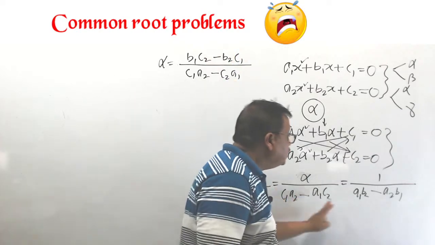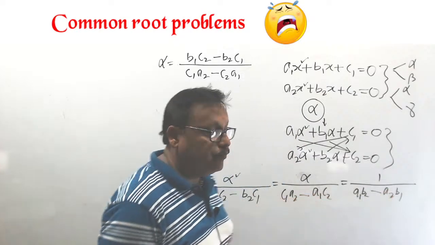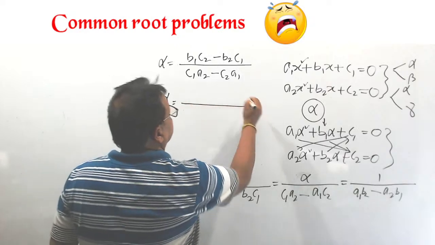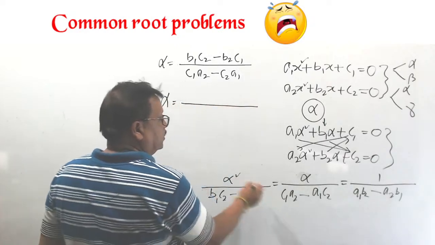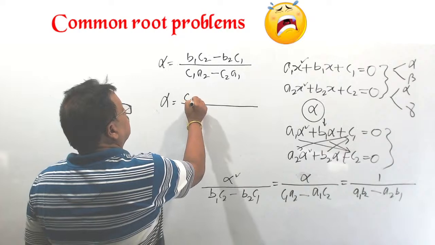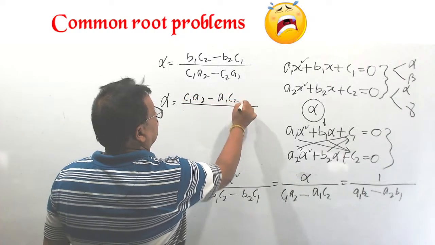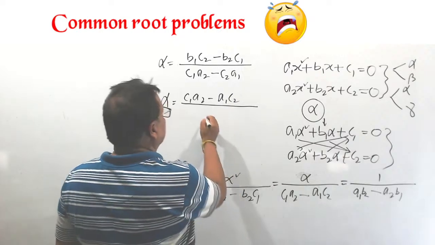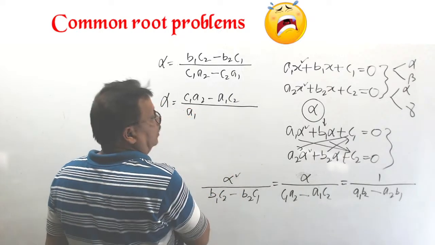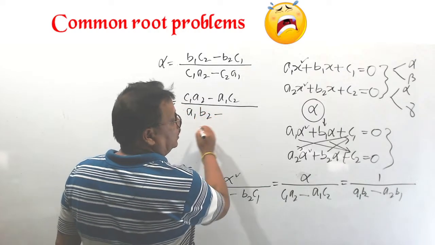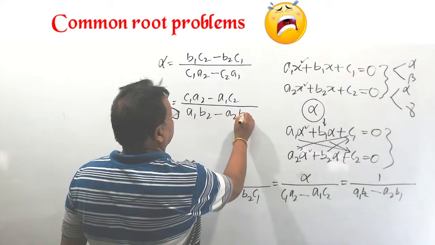Again, if you compare these two, what you will get? Again, alpha is equal to c1 a2 minus a1 c2 over a1 b2 minus a2 b1.